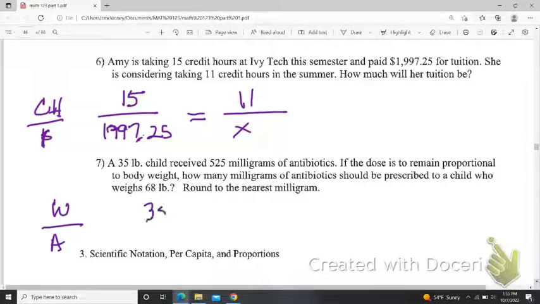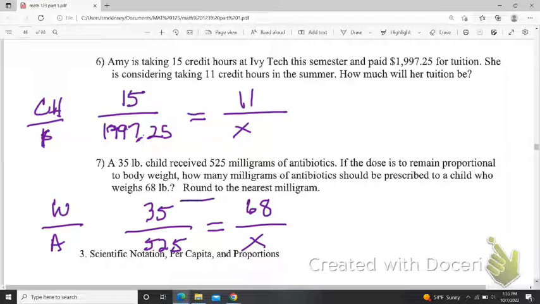So the 35-pound child gets 525 milligrams at the same rate. It says the dose is proportional to body weight. If the child weighs 68 pounds, so notice pounds is on top. We don't know how much medicine. And then again, still cross multiply and divide.